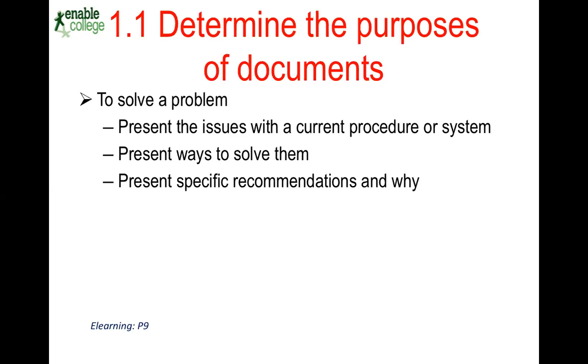You'd say this is a problem. These are 3 different ways to do it, and this is why I think we should choose this way. We generally tried to come up with at least 3 options so that the leadership would know that you've considered different options, and this is your recommended one and why.